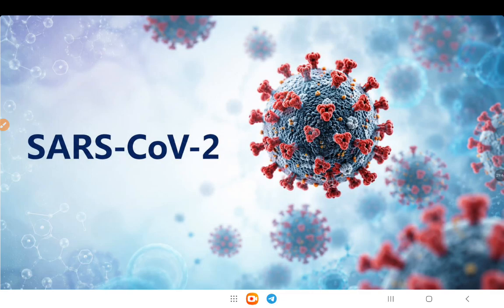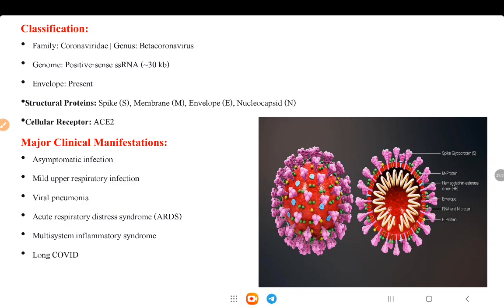Here we talk about the other viruses, SARS-CoV-2. It is a common virus, all of you know about it. SARS-CoV-2 is the virus responsible for COVID-19. The disease is called COVID-19, and the virus that causes it is called SARS-CoV-2. It belongs to the family Coronaviridae and genus Betacoronavirus.